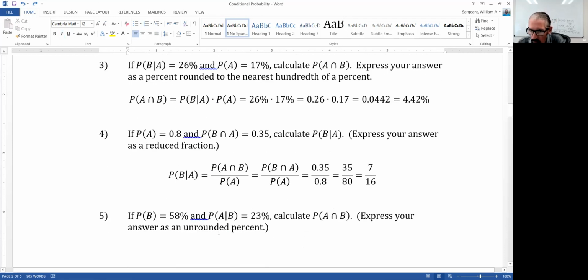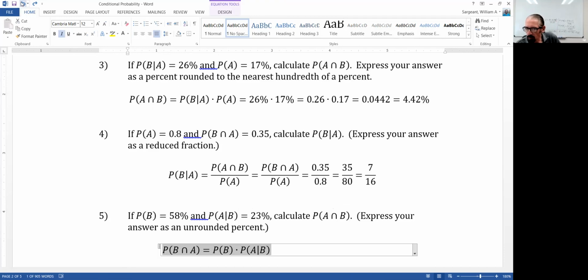We've got the probability of B and the probability of A given B. Then we're going to be able to find the probability of the intersection using that formula. And if we convert the percents to decimals, then multiply. And no rounding is needed when we turn that back into a percent. It's already to the nearest hundredth of a percent.